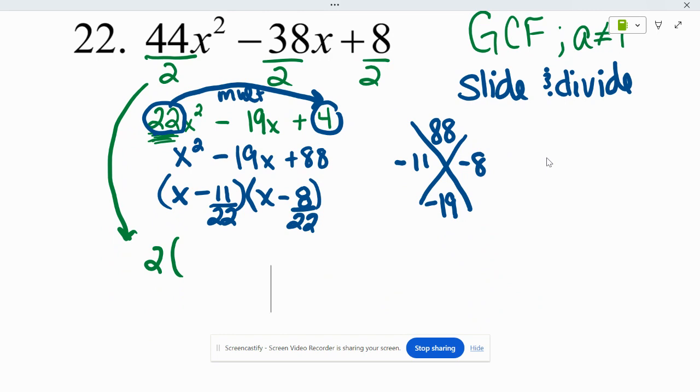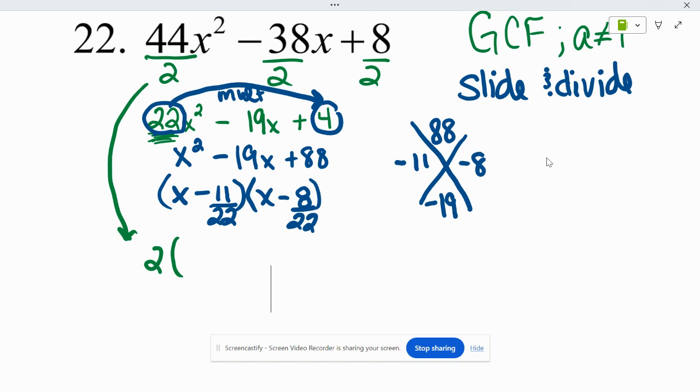How do I get a fraction from a decimal? Refresh my memory. How do I get a fraction from a decimal in my calculator? Well, I divide. Then if you take 8 divided by 22, you're going to get a decimal. How do I turn that answer into a fraction?